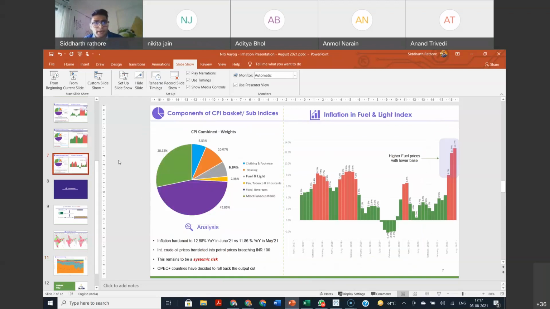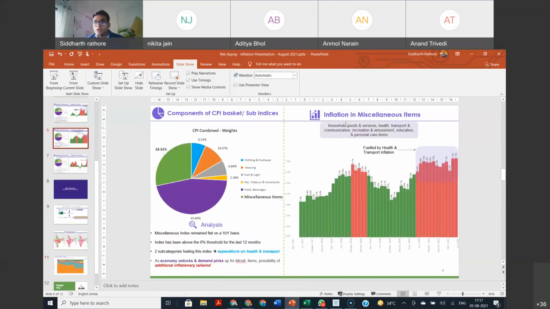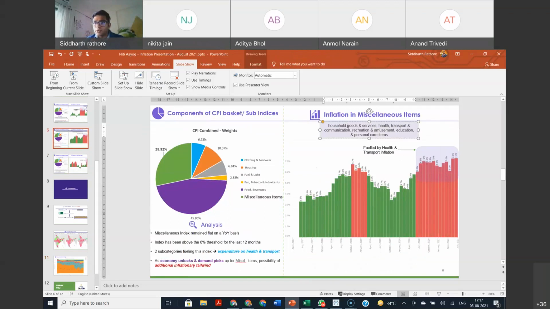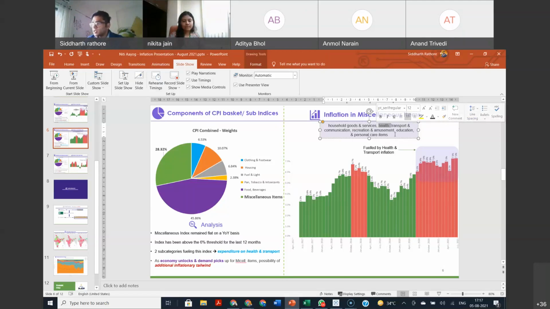Let me show it to you here. Yes. So as we talked about household goods and services, health, transport, communication, recreational. On one hand, once the vaccination process has taken off, once a substantial number of people are vaccinated by the year end, we will see a declining trend in health inflation, the out-of-pocket expenditure. And when there is sufficient herd immunity in the country, we will also see that these localized lockdowns will perhaps not be needed, and this transport factor will again come down.